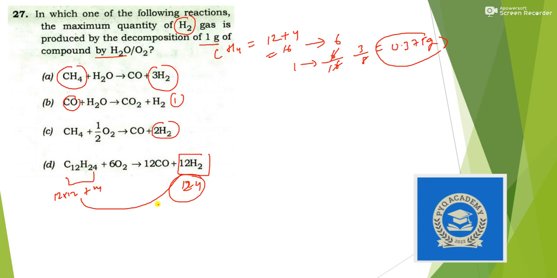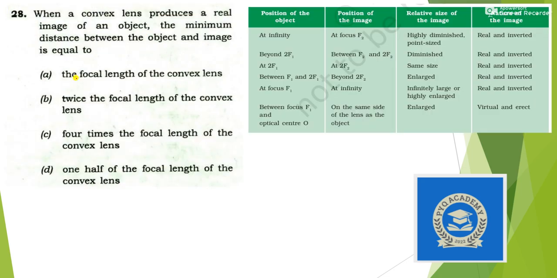So percentage-wise it will produce a very small amount. So we get our answer, option A, because in the exam we do not have so much time to calculate each and every option. So option A is the correct answer. Okay, let's move to the next question.